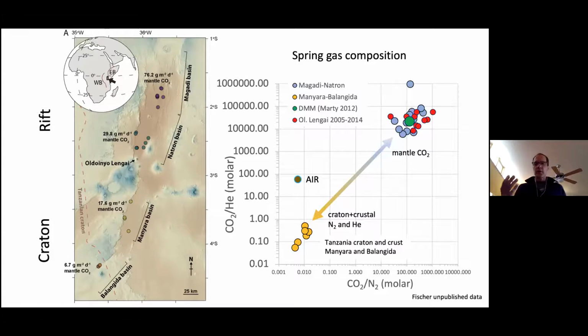And so these gases that are bubbling out from the springs or are dissolved in the water from these springs have up to 1, 2, 3% helium. And the rest of it is essentially nitrogen. There's no CO2, there's a little bit of methane sometimes. So the gas composition between those two areas is dramatically different. CO2 poor, crustal, nitrogen rich, helium rich.